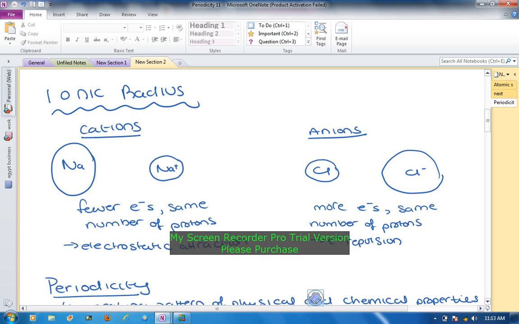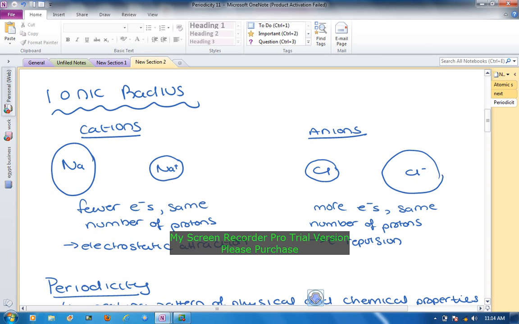Cations such as sodium plus have a smaller radius than sodium, which is a neutral atom, because they would have fewer electrons yet the same number of protons. This increases the electrostatic attraction and pulls the outer electrons in and decreases the atomic radius.